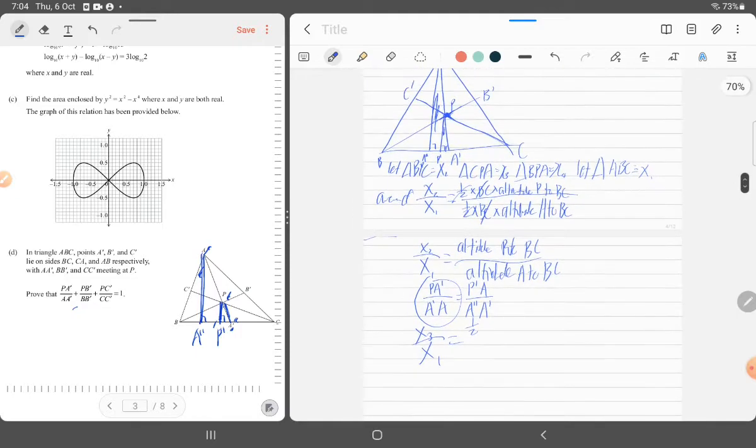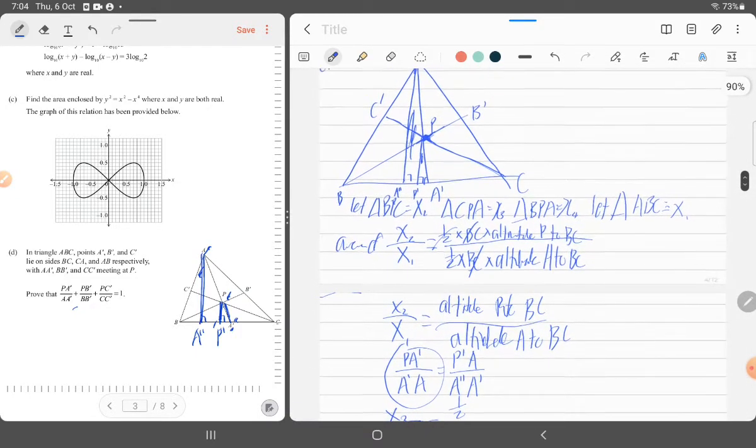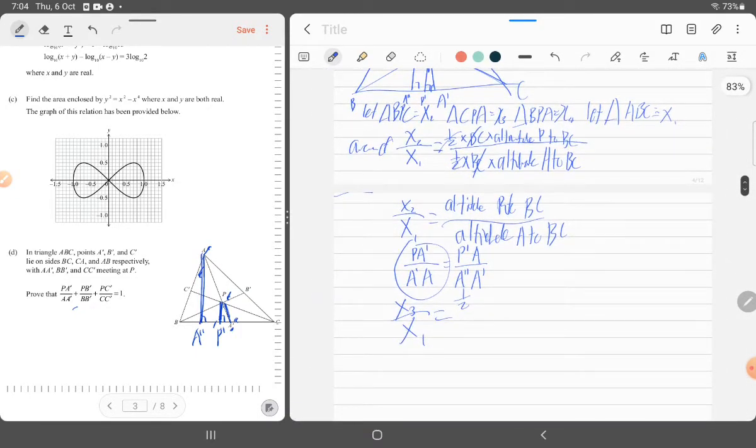Wait, what would CPA be? Let me just rub this out.